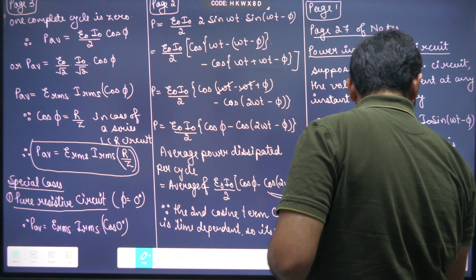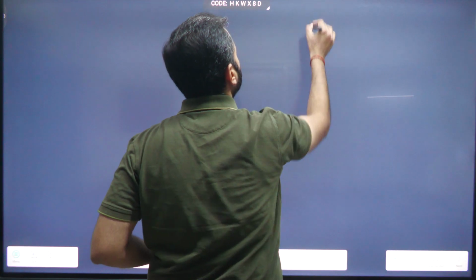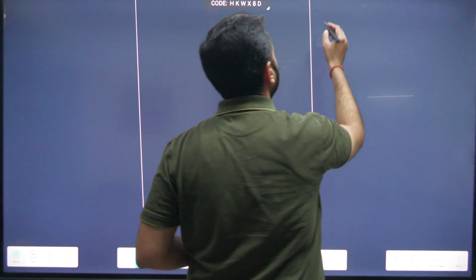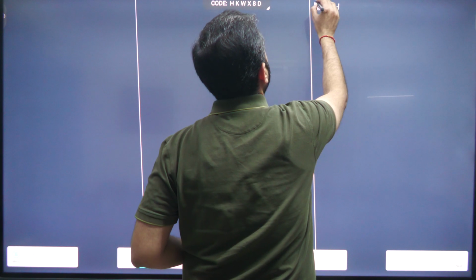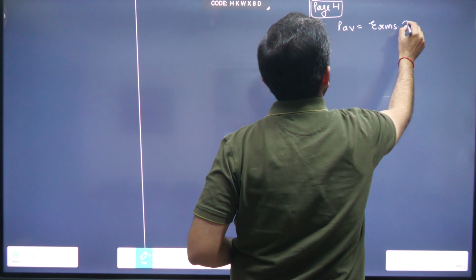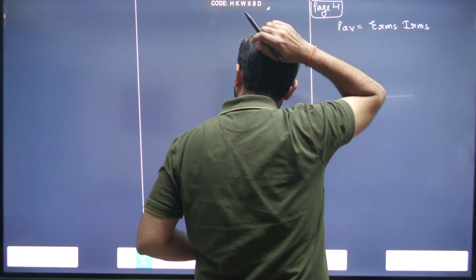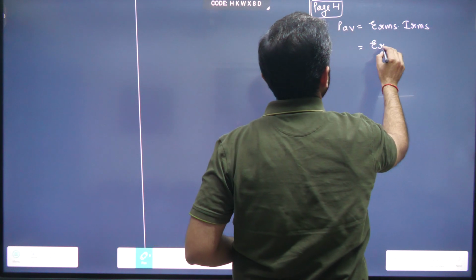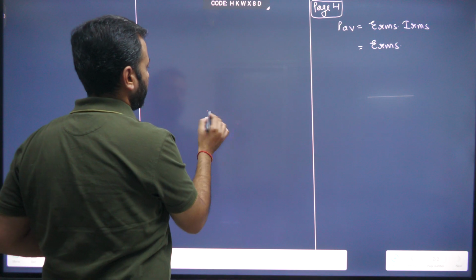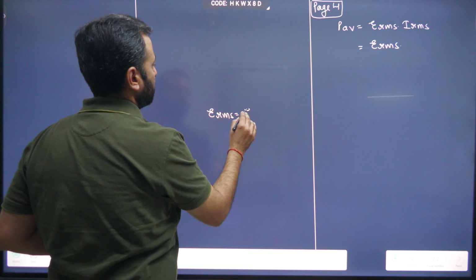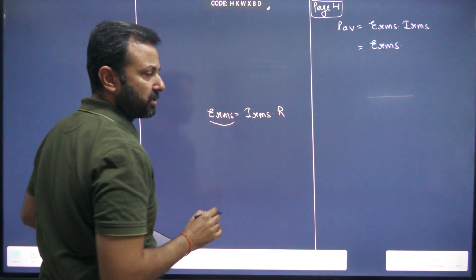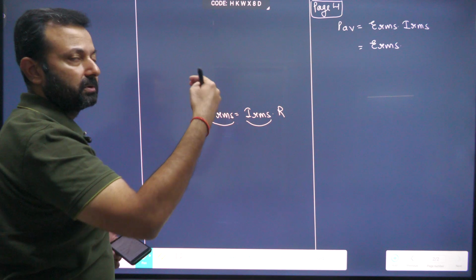So P average is equal to ERMS into IRMS. I know that ERMS is equal to IRMS into R. Basically, this is voltage, this is current. Voltage is equal to current into resistance.